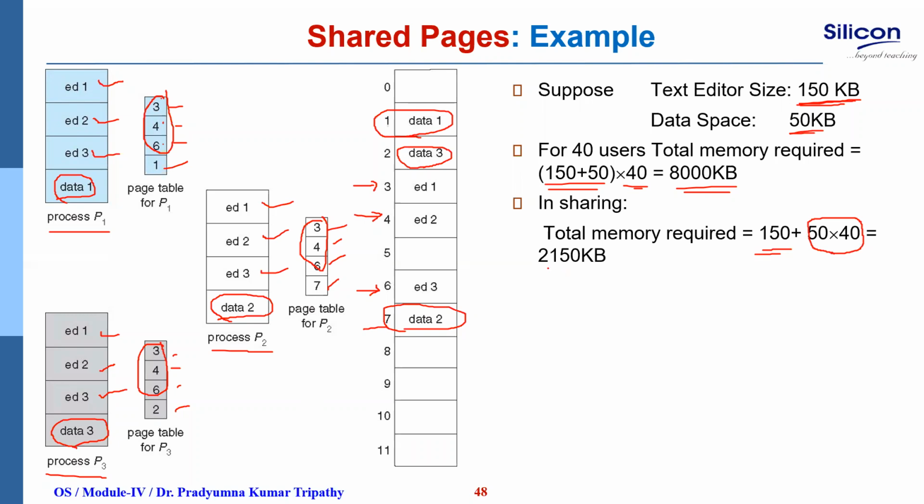So this might require only 2000 KB, which is quite a lot less as compared to the previous one. So shared pages make efficient use of memory. Is it understood? Is the shared page understood or not?